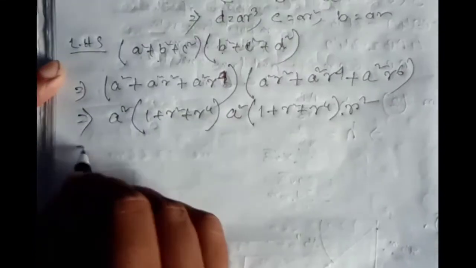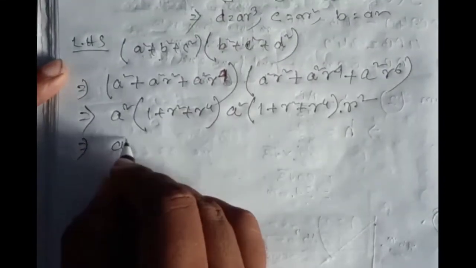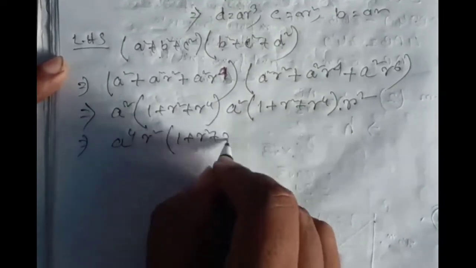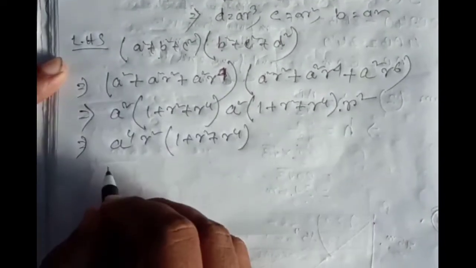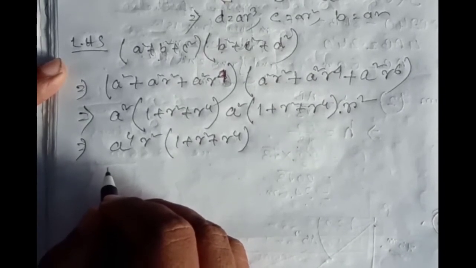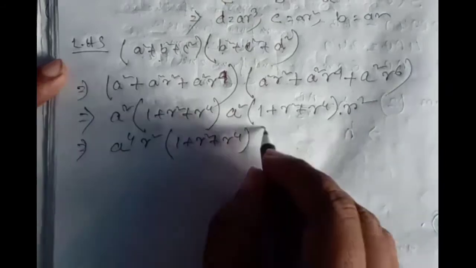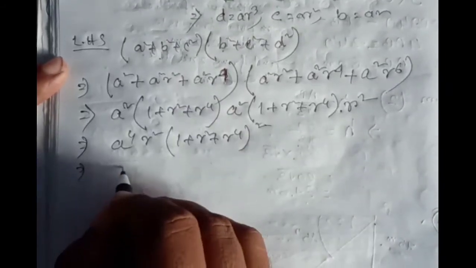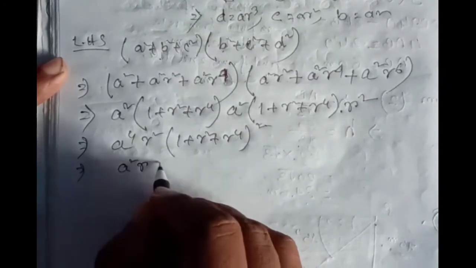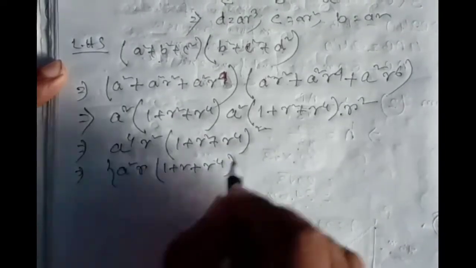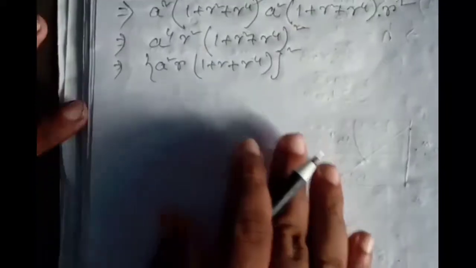Now we are getting A to the power 4 R square into (1 plus R square plus R to the power 4) whole square. That means A square R (1 plus R square plus R to the power 4) whole square. So this is the LHS.